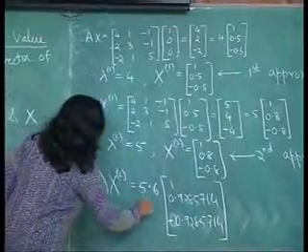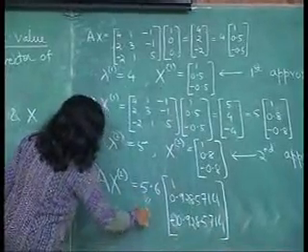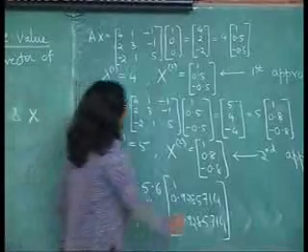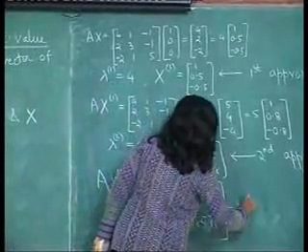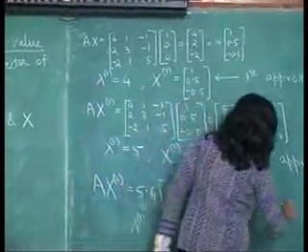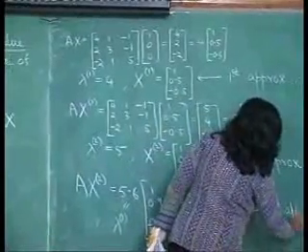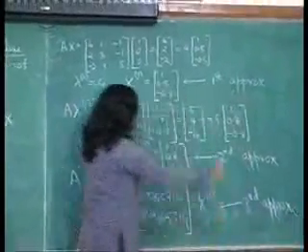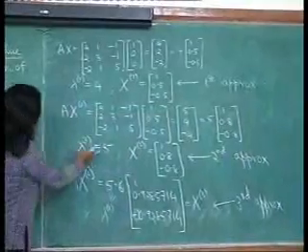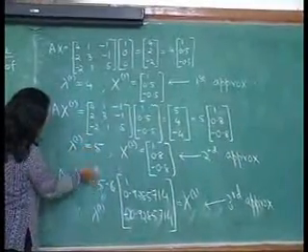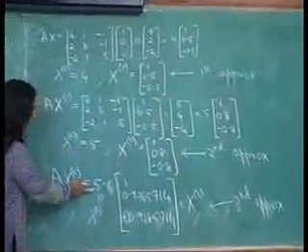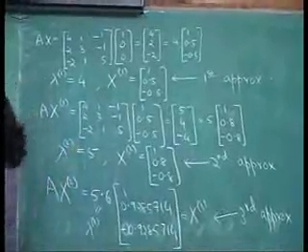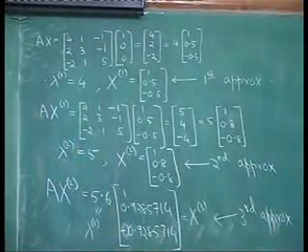So this is the third approximation to the largest eigenvalue and this is the third approximation to the corresponding eigenvector. Well, now at least we are getting somewhere because from 5 the next eigenvalue that I have got is 5.6. So maybe we are getting close to the largest eigenvalue.